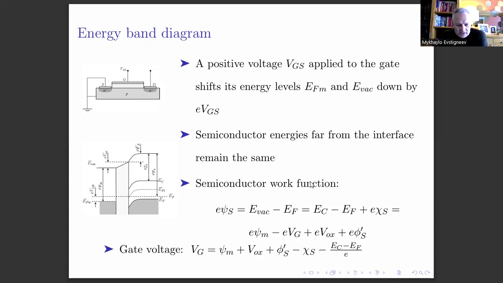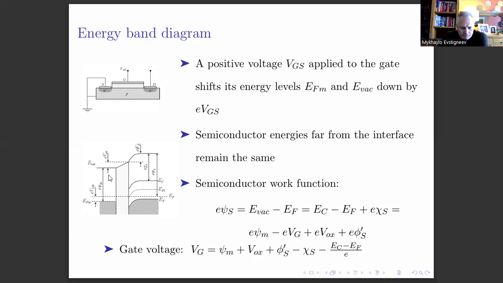Now, let us express the work function of the semiconductor using the parameters seen in the right part of the diagram, that is, using the parameters of the metal, the gate, and of the oxide layer.